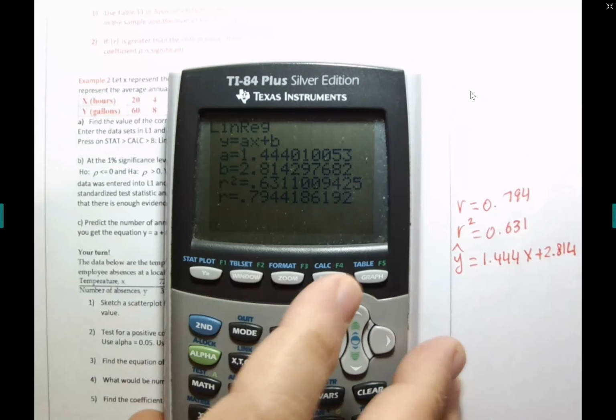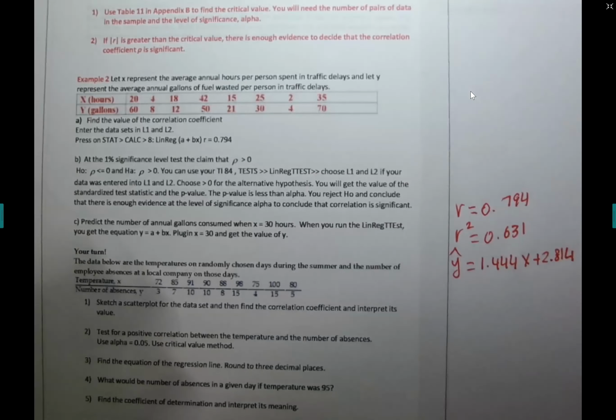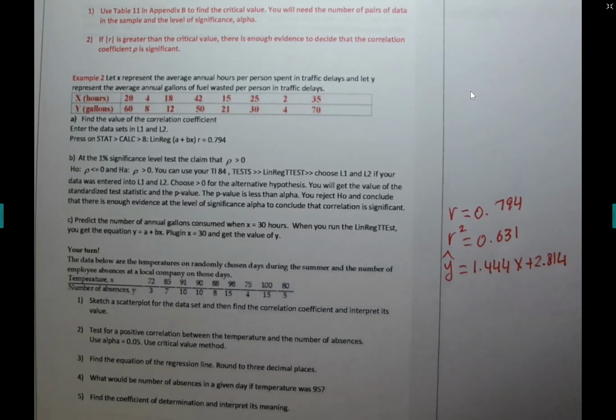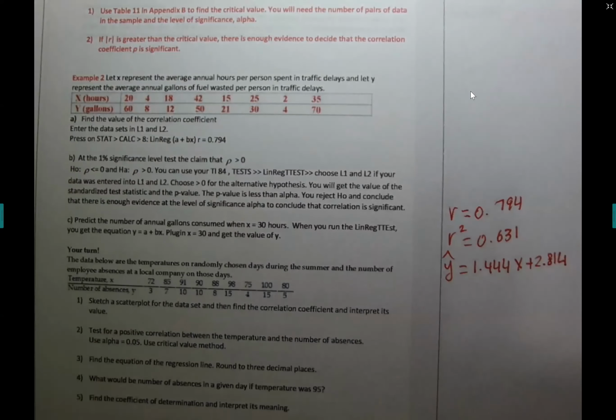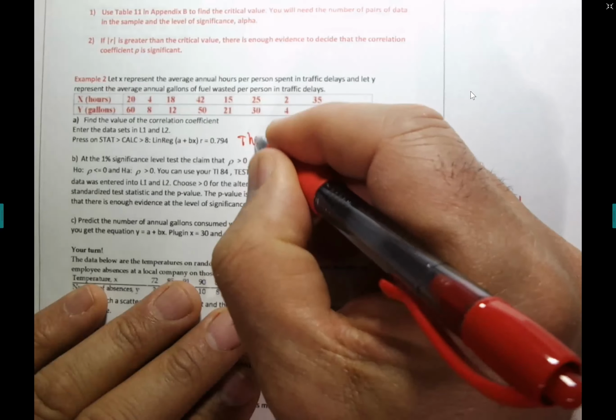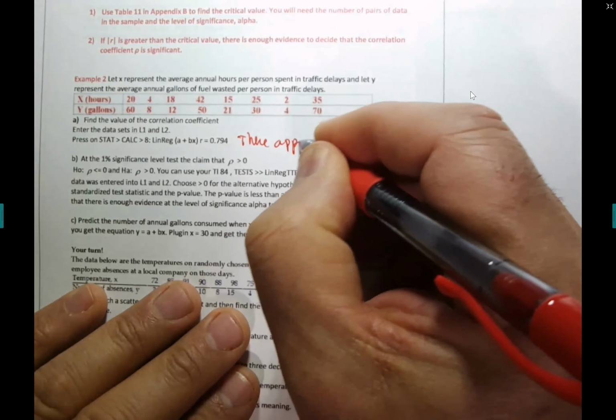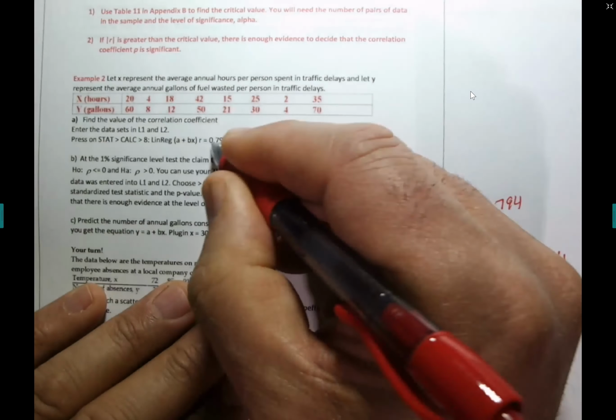There you go. I'm done with the calculator. That's all I need for now. Find the value of the correlation coefficient R. It's 0.794. If he asked me to interpret this, I wouldn't say very strong. I will say that there appears to be a strong positive correlation between X and Y, because it's not very close to 1, but it is close, 0.794.